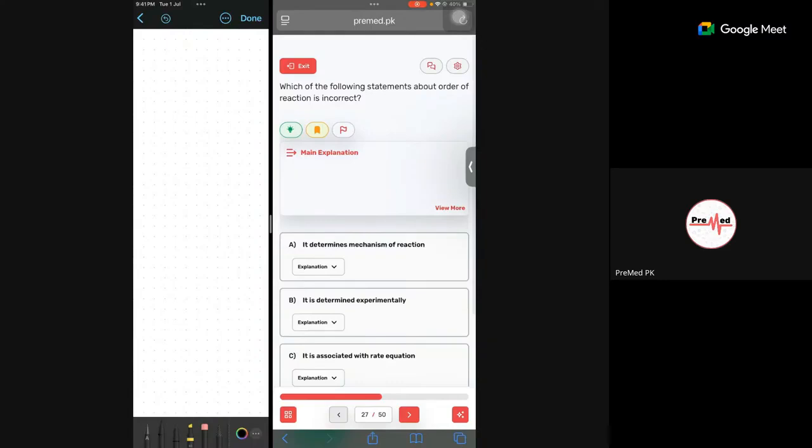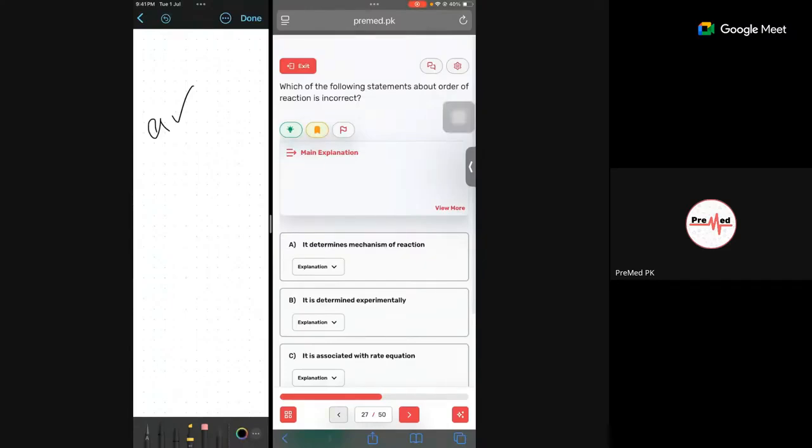Otherwise, it is done in the laboratories. So from this, I think that option A is the correct one. Option D, it is determined experimentally. Well, order of reaction is determined experimentally, but not that effectively. So right now, according to your books, option B is incorrect.